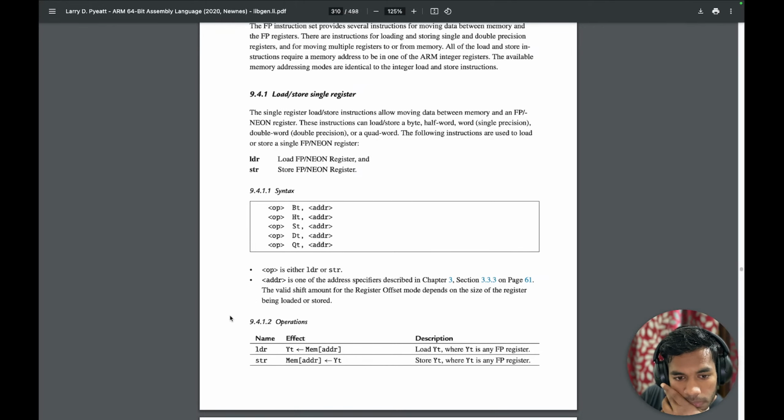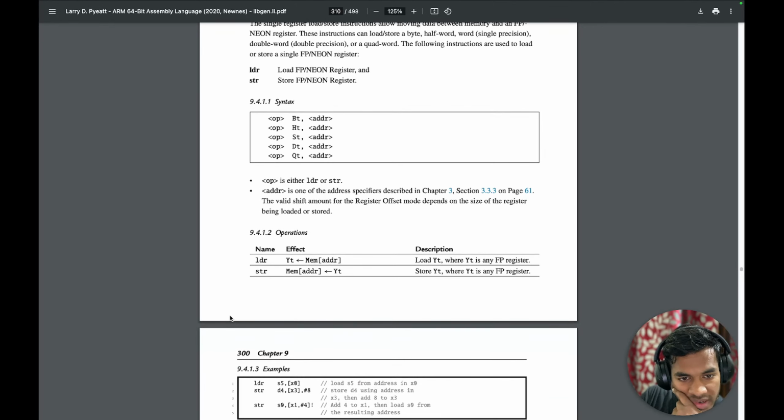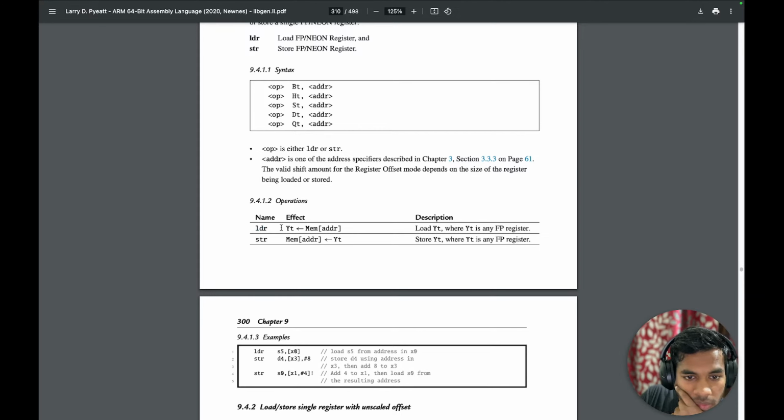Hmm. Okay, the effect: load gets the value at this memory address into this register, and store puts the value of this register into the memory address. This is load YT, where YT is any floating point register.